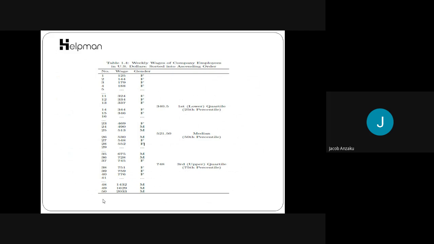From observation 23 to 29, we have the median, which is the 50th percentile, $521.50. And then from observation 35 to 41, we have 748, which is the third upper quartile or the 75th percentile. And then from 38 downward.